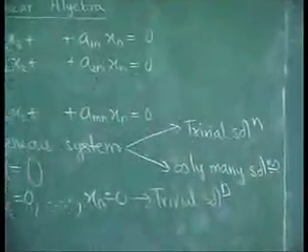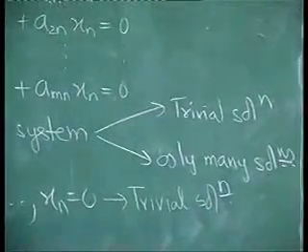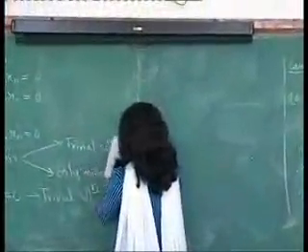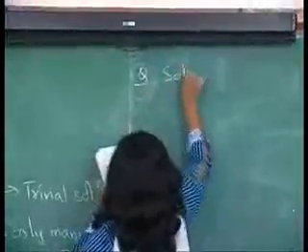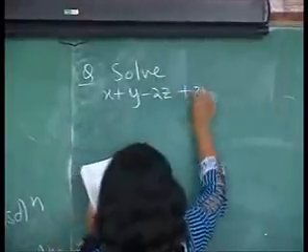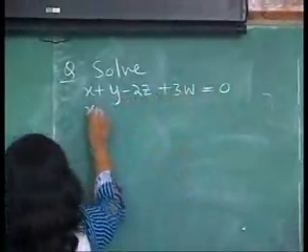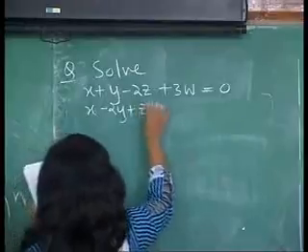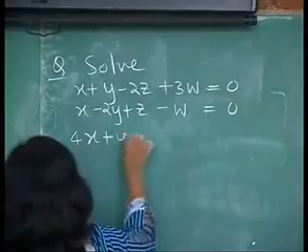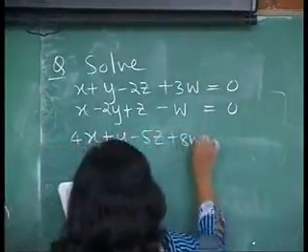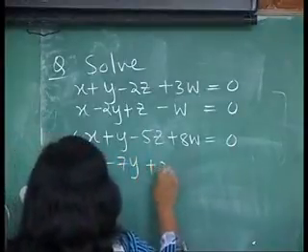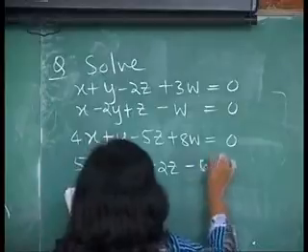So let's try out the problem of the homogeneous type. Solve the system x plus y minus 2z plus 3w equal to 0, x minus 2y plus z minus w equal to 0, 4x plus y minus 5z plus 8w equal to 0, 5x minus 7y plus 2z minus w equal to 0.